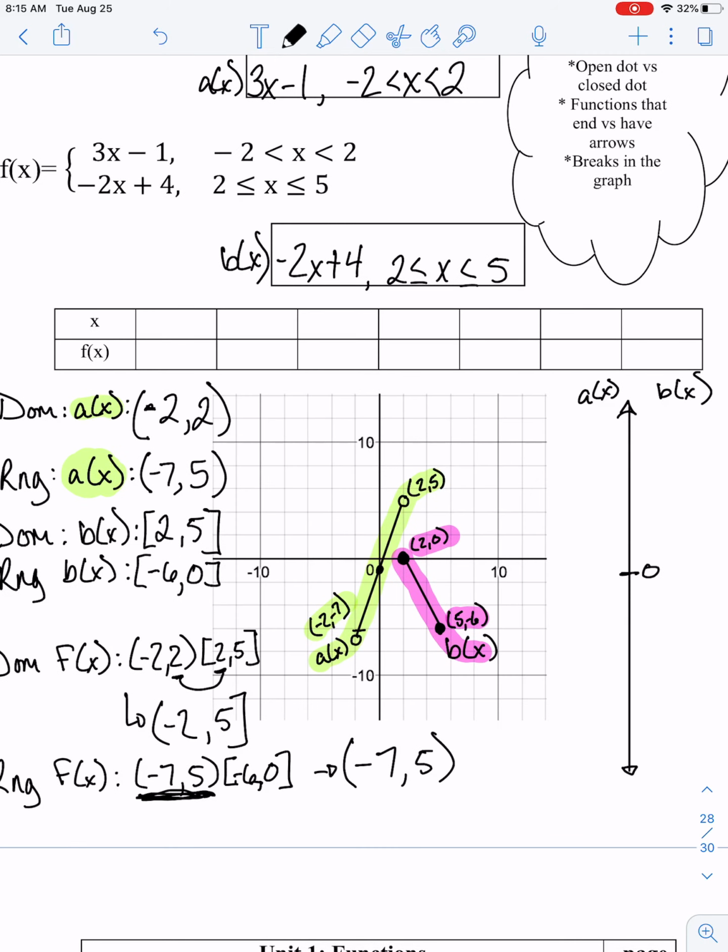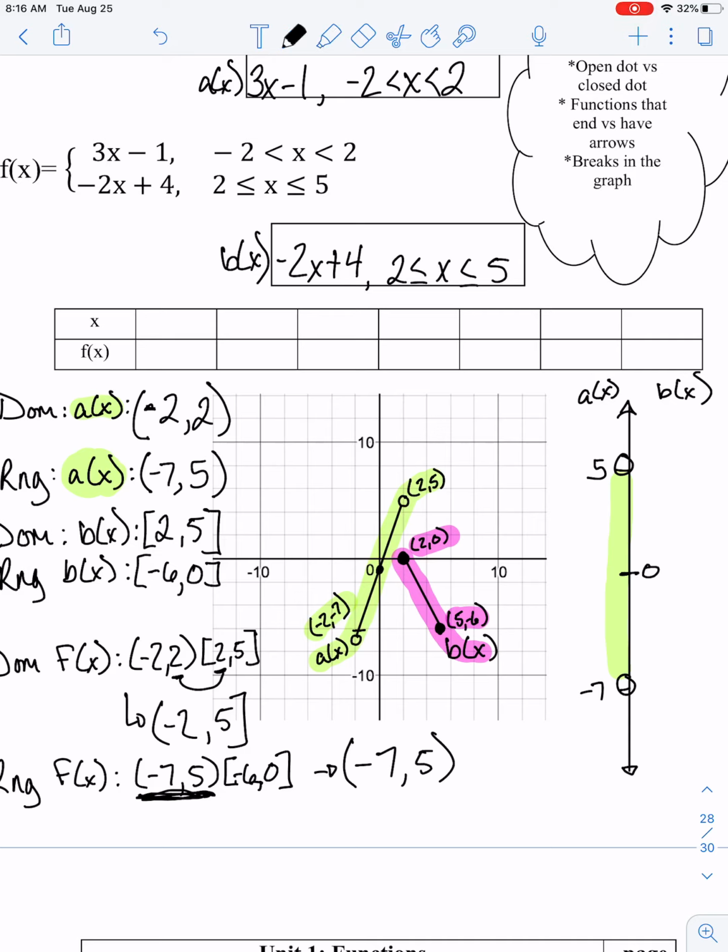I know -7 is less than 0. I'm going to put a dot here. It's a parenthesis, so it must stay open, and then it goes up to 5. Put a dot here. It's a parenthesis, so it must also stay open. So I'm at this shading.